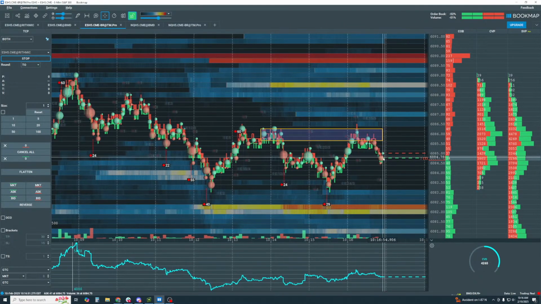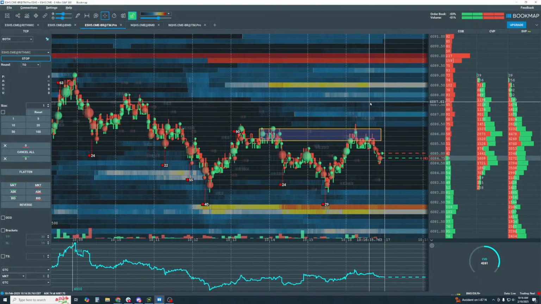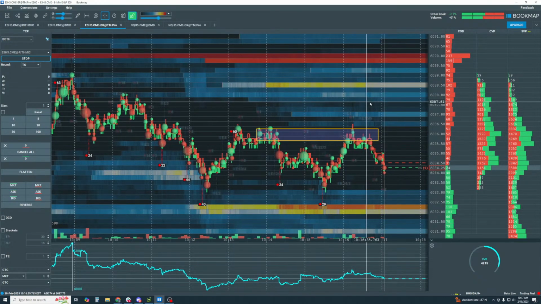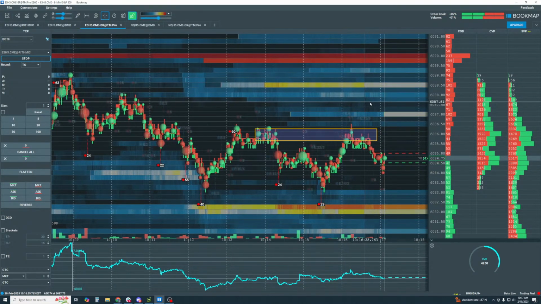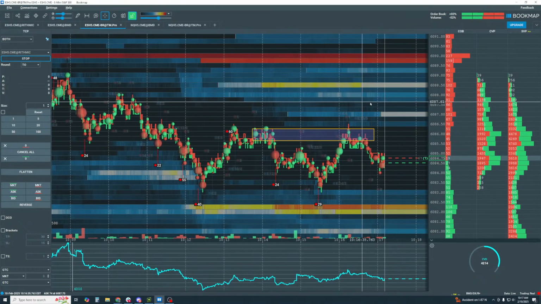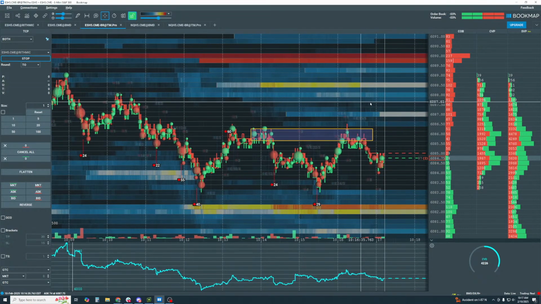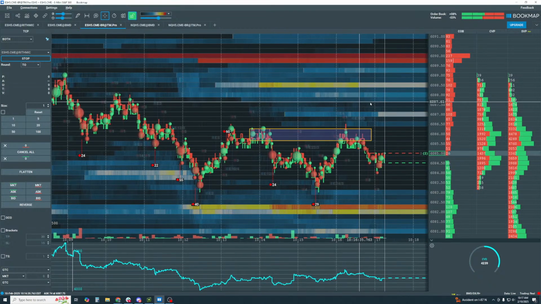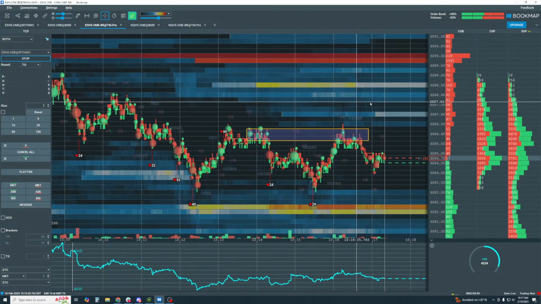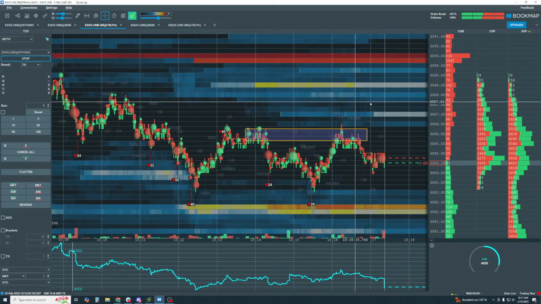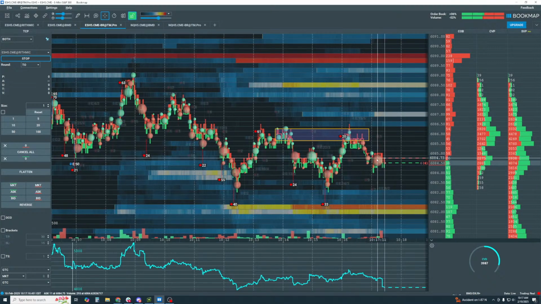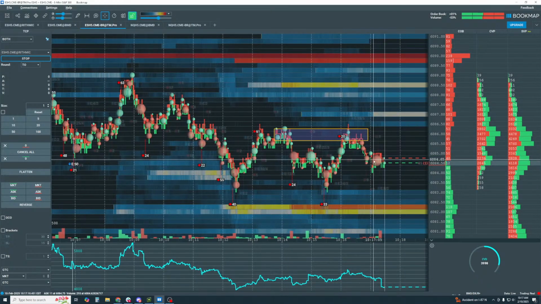I mean, we're getting some selling, but it's not a whole lot. Yeah, we're just between two areas of liquidity right in the middle here of the range.